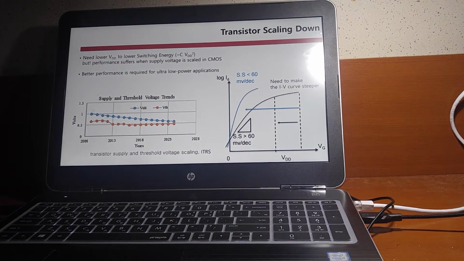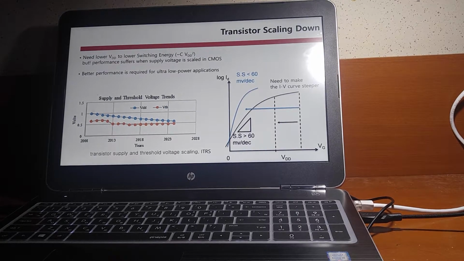So this will act like a good device. And if the subthreshold swing is near 60 millivolt per decade, we use this for TFET.